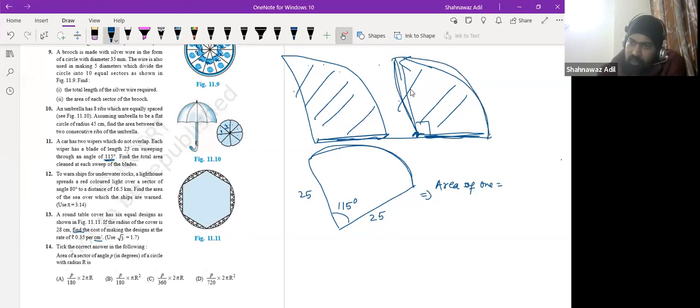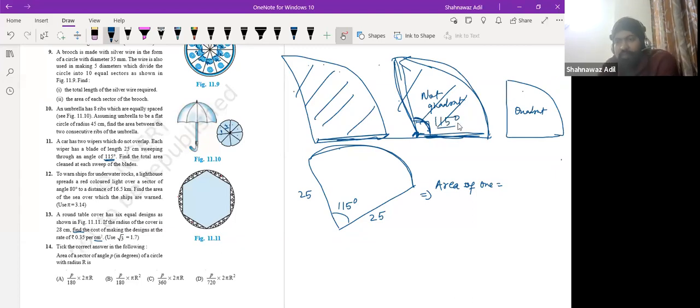Like this would be 90, both are making a 90-degree angle. So this is the quadrant. This is not a quadrant because the angle is not 90. This is greater than 90. This angle is 115.